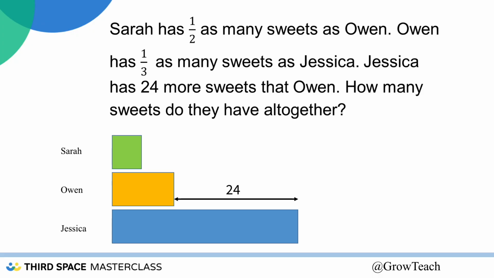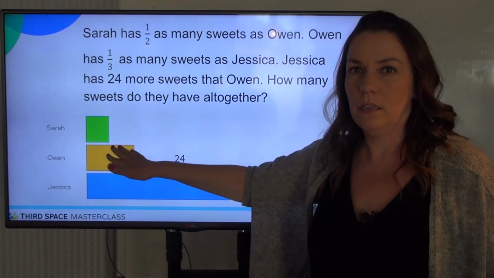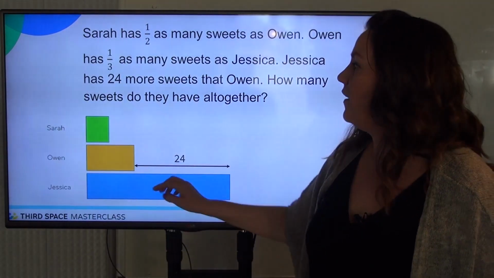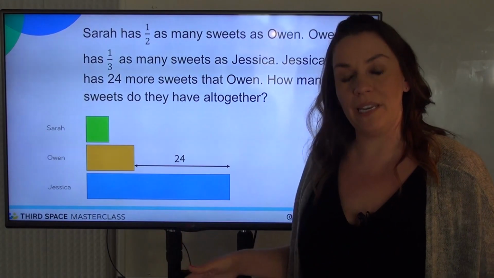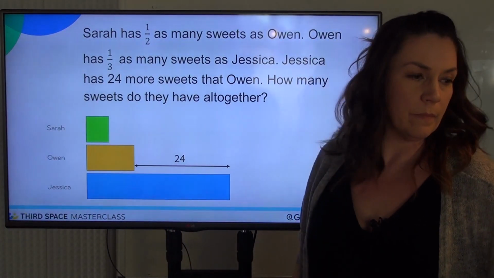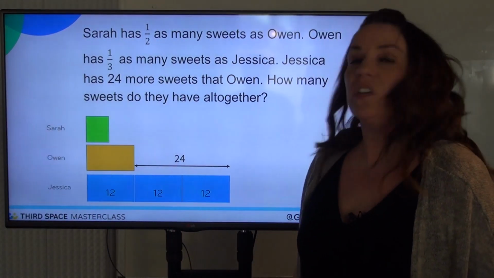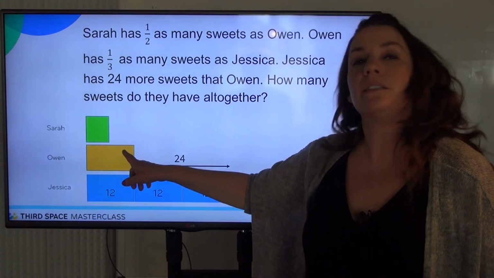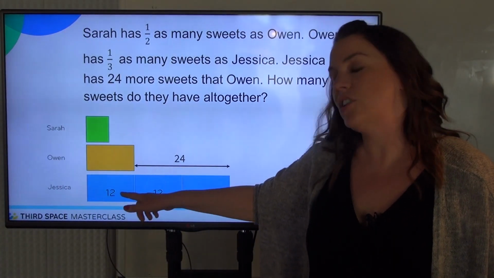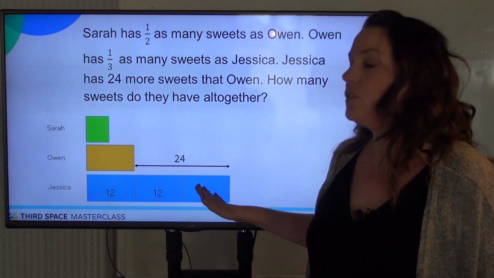So here I've drawn 3 bars and I've used that to solve the problem, making sense of what it's asking. So here I know that Jessica has 24 more sweets than Owen. So I've drawn a bar to show hers first, knowing that he's got 1/3 as many as her. And then I can use that to help make sense of the fact that Sarah has half as many as he does. Pupils can then see that because he's got 1/3 as many as Jessica, we can split Jessica's bar into 3.